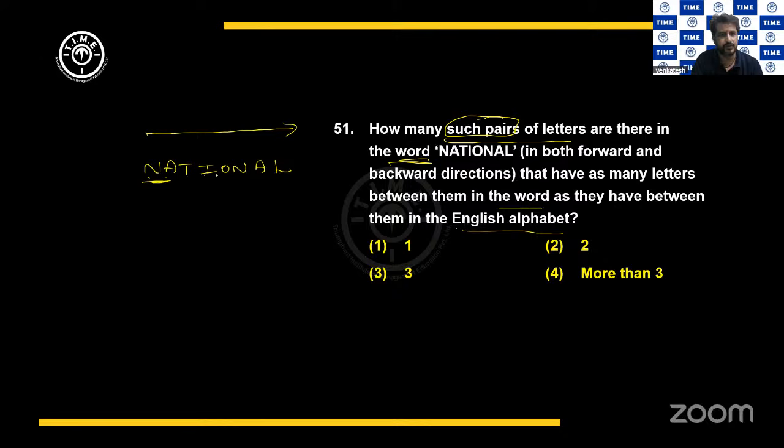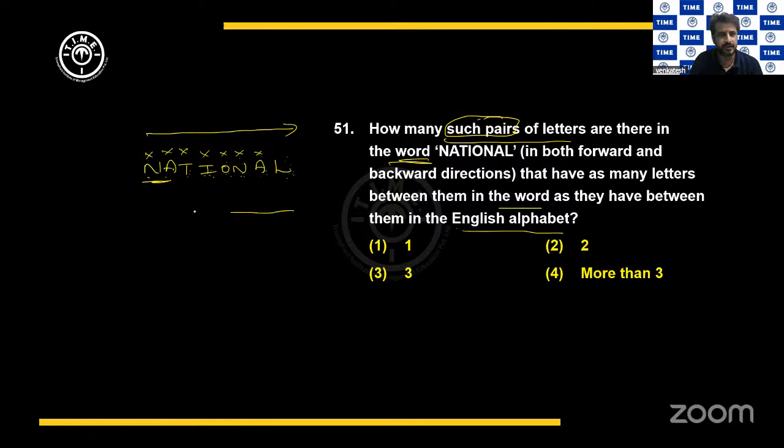N, O, P, Q, R, S, T, U. Nothing matching. Next. A, B, C, D, E, F, G. Nothing matching. T, U, V, W, X, Y. Nothing matching. I, J, K, L, M. Nothing matching. O, P, Q, R. Nothing matching. N, O, P. Nothing matching. A, B. Nothing matching. So in the forward direction, we have 0 pairs.